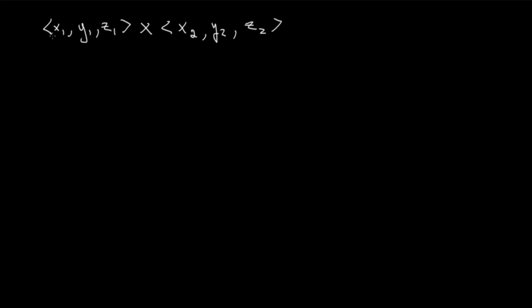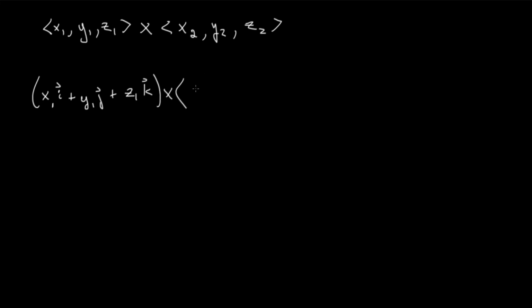Well, don't forget that every vector can be written as the sum of a certain amount of unit vectors, right? If this was a 3 right here, really that's just 3 i's, right? So let me backtrack. This first vector can be written as x1 times the vector i plus y1 times the j vector plus z1 times the k vector.